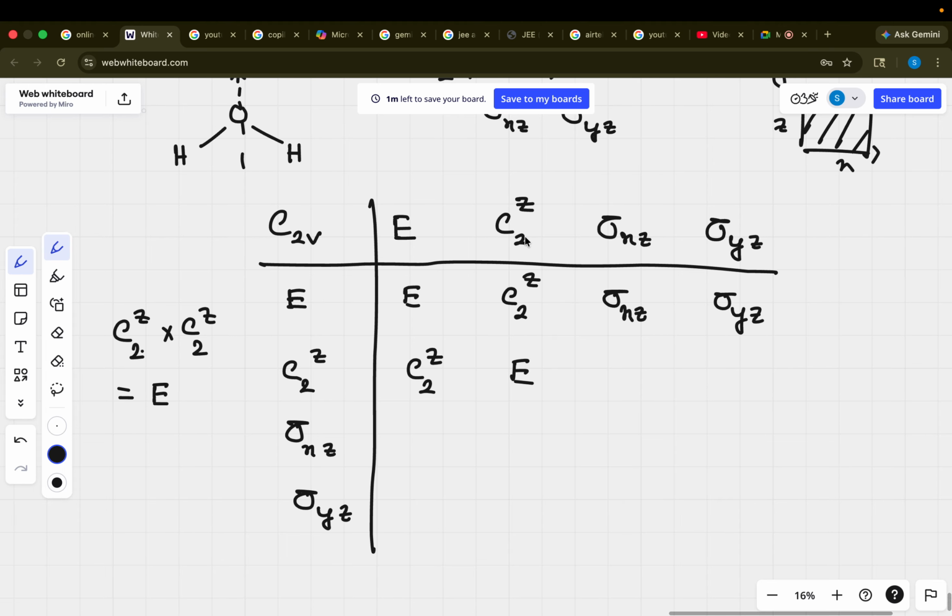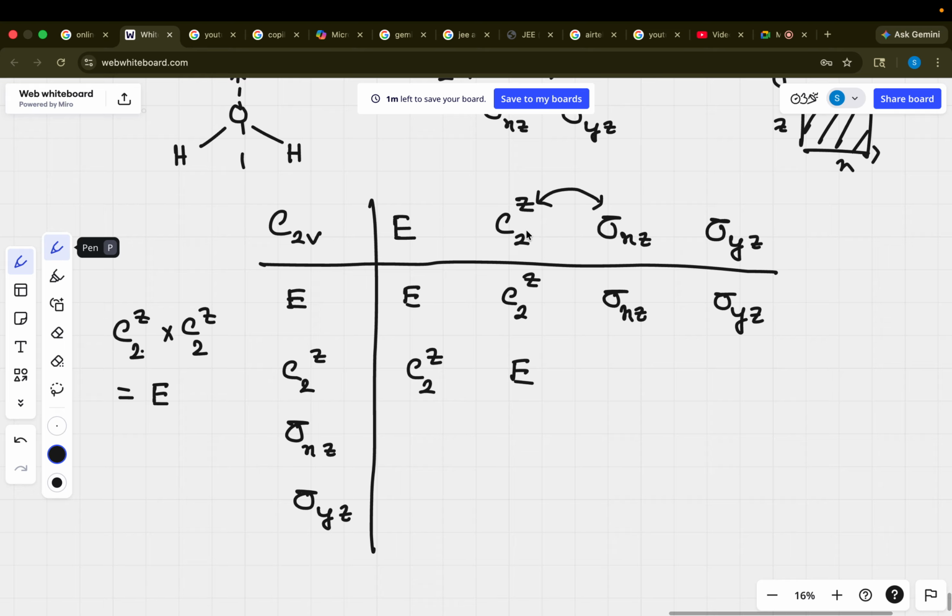Now C2Z into sigma xz: if you multiply these two, you will get the other one. In the previous class, where we covered symmetry operations in multiplication, I showed how to find this.